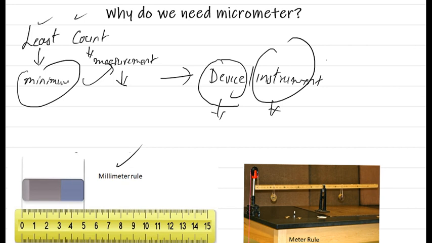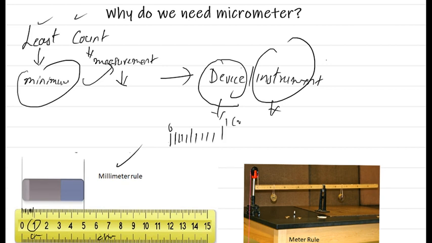As you know, till 1 centimeter, these are the centimeters, and till 1, 2, 3, 4, 5, 6, 7, 8, 9, and 10. After 10, we have 1 centimeter. It means that 1 centimeter is going to split into how many parts? Into 10 parts. 1, 2, 3, 4, 5, 6, 7, 8, 9, and 10.